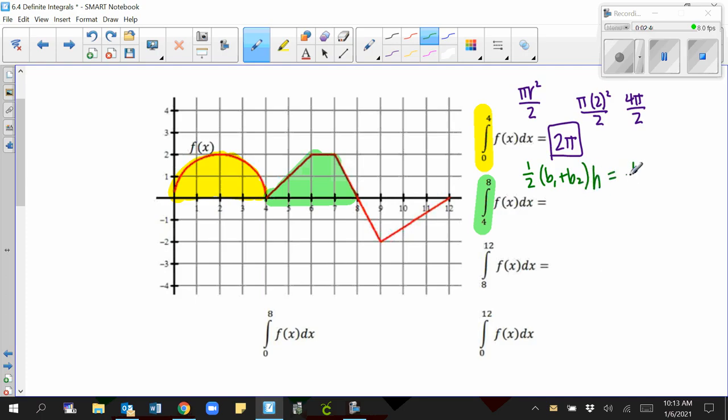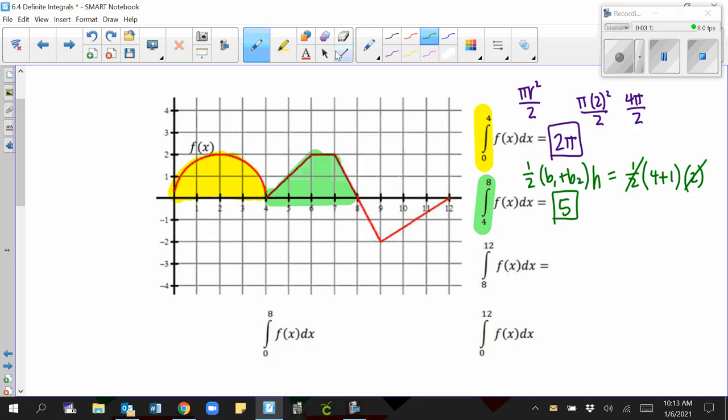So we're going to have 1/2 times, well, our base 1 is 1, 2, 3, 4 units, plus our base 2, which is the top right here, which is just 1 unit, times our height, which is 2 units. So that 1/2 and 2 cancel out, so we're looking at 4 plus 1, which gives me 5. So the area for that trapezoid is 5.